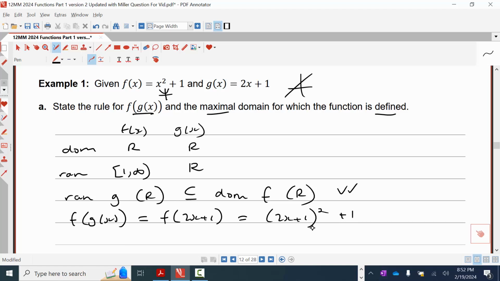So there's our composition and its domain, where x is an element. And so all we're going to say about the domain is that it's going to be the domain of the inside function. Because this one has to accept the value first, it'll simply be its domain. All right. We know that its domain is the set of all real numbers. So we're going to say x is an element of all reals.